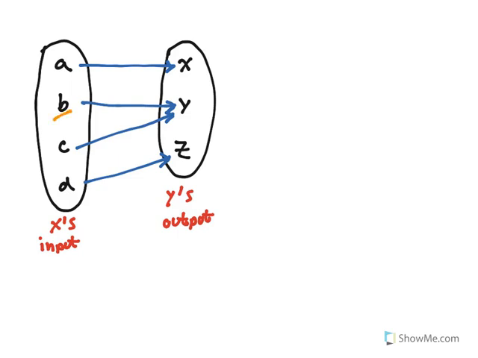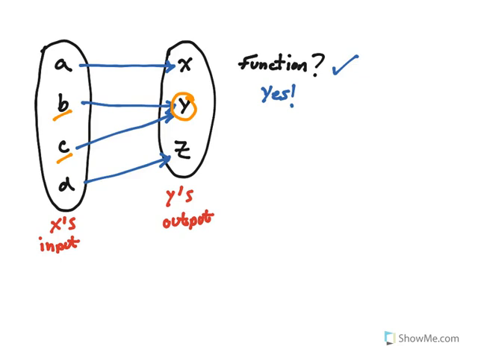This input and this input are different, even though it's producing one y value. As long as the inputs are different, then it can yield the same y value. That is possible. So this one is a function. We said yes, and that's the key trick.